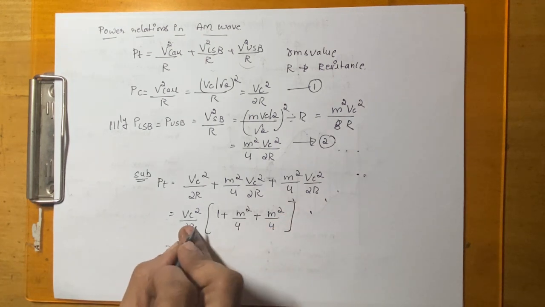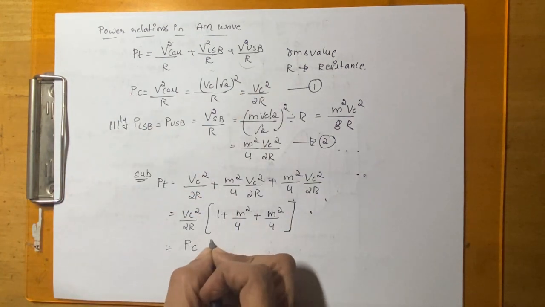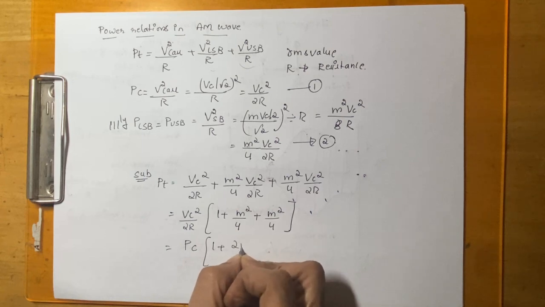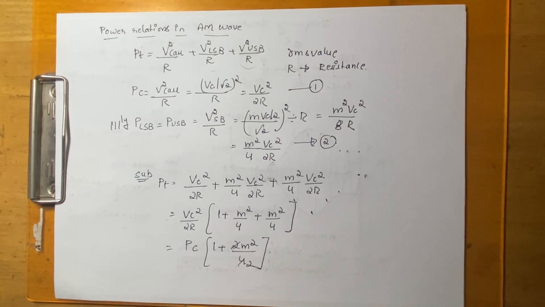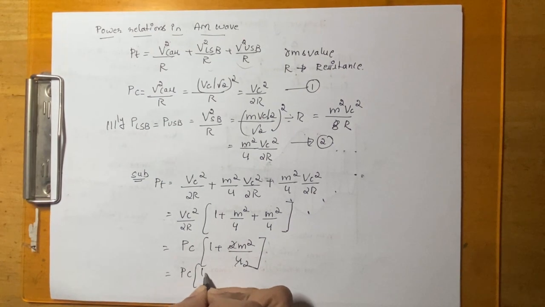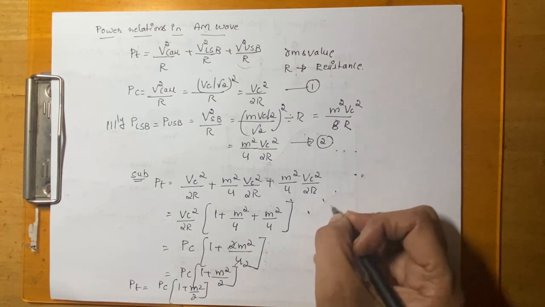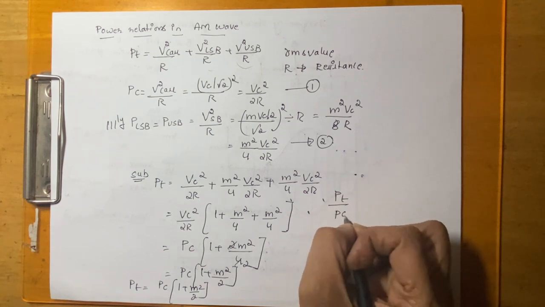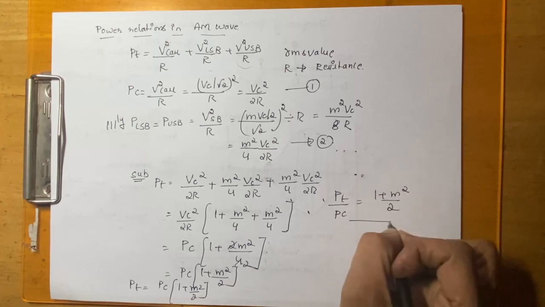which is equal to, what is this Vc square divided by 2R? Vc square divided by 2R is nothing but Pc into 1 plus 2 times M square divided by 4, which is equal to Pc into 1 plus M square divided by 2. That is Pt is equal to Pc into 1 plus M square divided by 2, or Pt by Pc is equal to 1 plus M square divided by 2.